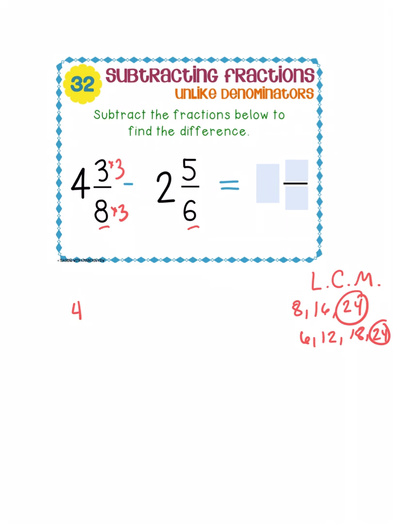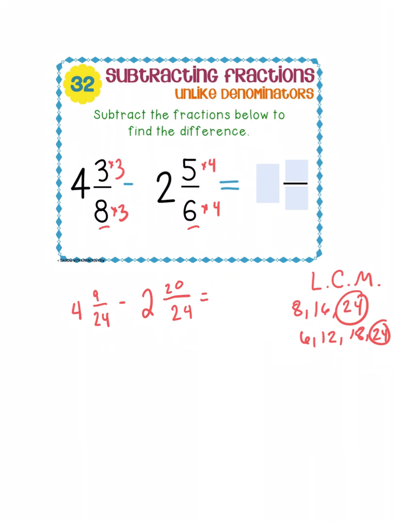So I'm going to convert 4 and 3/8 to 4 and 9 out of 24. Then I'm going to convert 2 and 5/6 to 2 and 20/24.